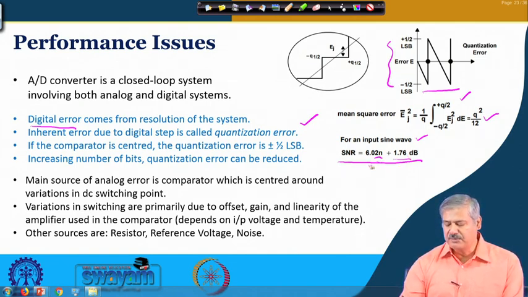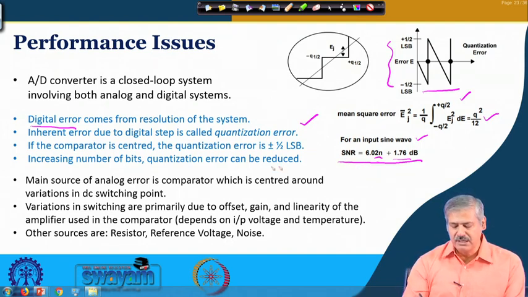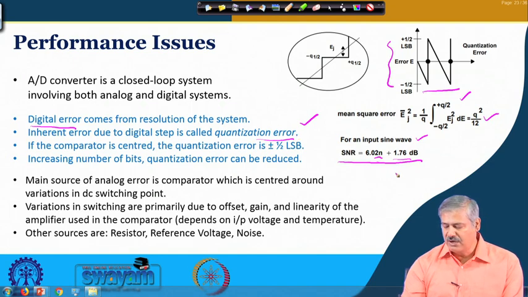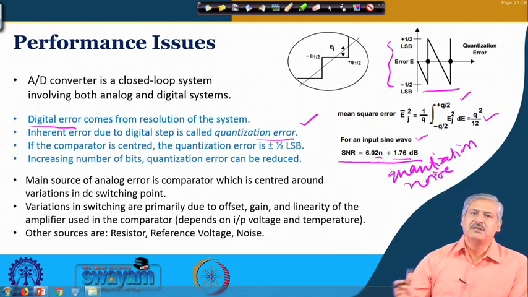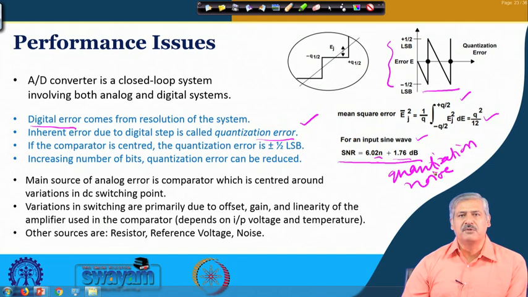So, the more the number of bits, the more is the signal to noise ratio. So, noise here is related to quantization error, or it is also called quantization noise. If you want to know more, you can pick up any basic digital signal processing text where this part is discussed in a lot of detail.